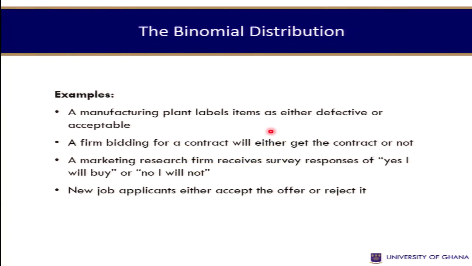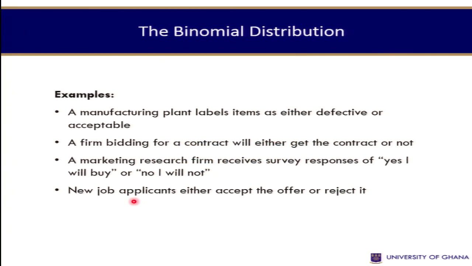For example, a manufacturing plant can either label their items as either defective or acceptable, or let's say non-defective. A firm bidding for a contract will either get the contract or they will not get the contract. A marketing research firm will receive a survey response of, say, yes, I would buy, or no, I would not. Nothing in between.